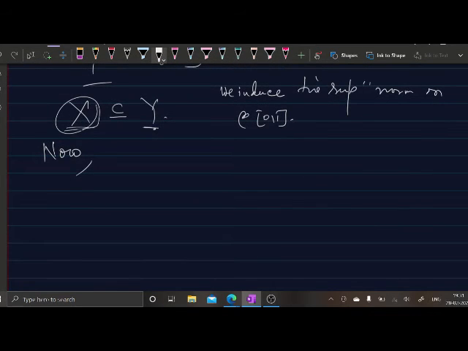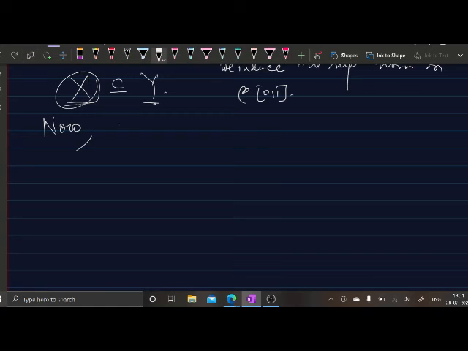So X and Y are two normed linear spaces, and now you define a map T from X to Y by the rule Tf goes to f', that is, f goes to its derivative.